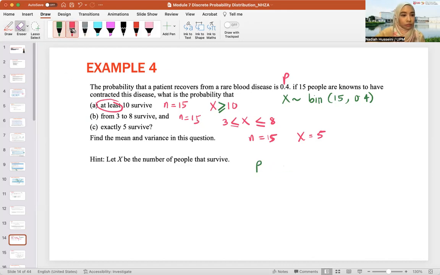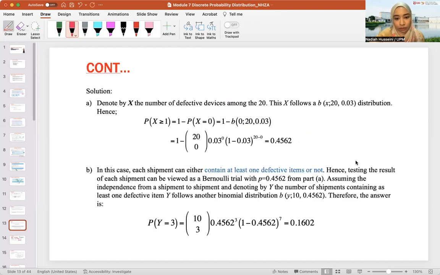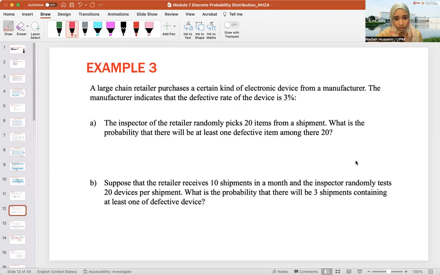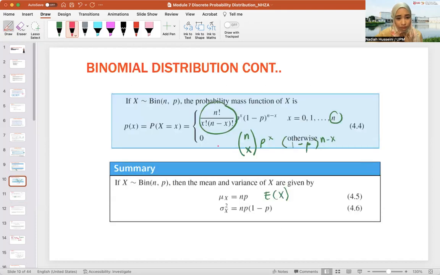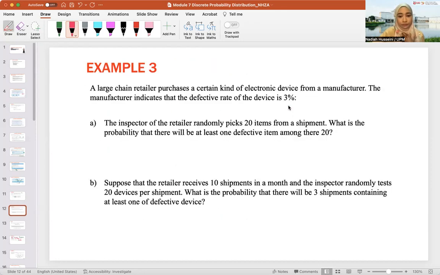Probability of x greater than or equal to 10. And we have the binomial distribution like this: P(x) equals whatever x that we choose, equal to the combination and also the rest of the equation.